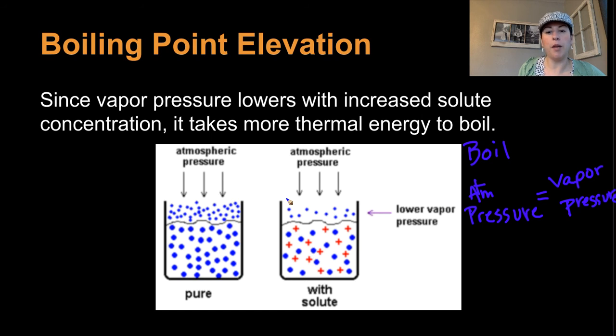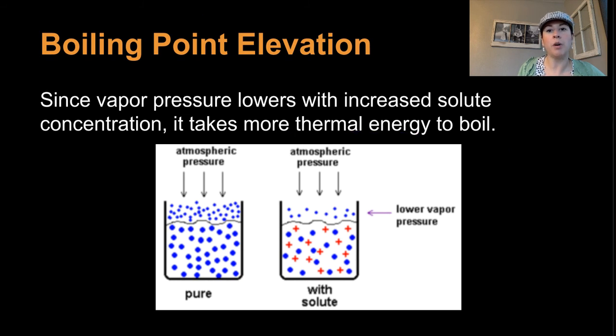And since our vapor pressure has actually lowered, we're going to need more energy to get there. And if we have more thermal energy, so as we increase thermal energy, we're going to have to do that by increasing the temperature. And so that's actually what will happen there.